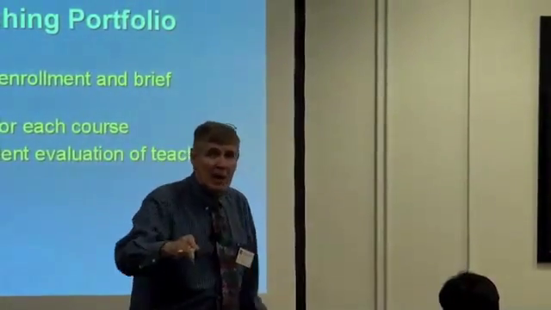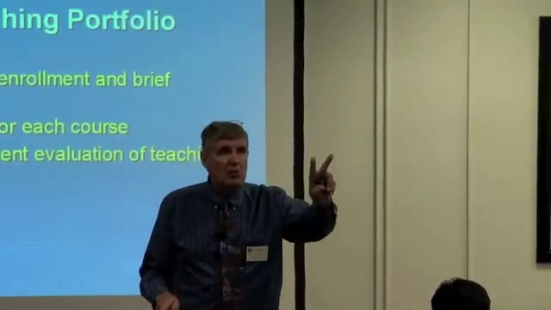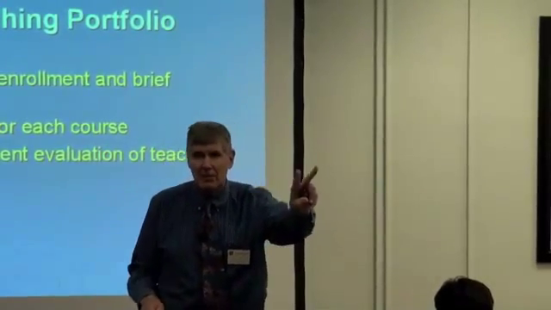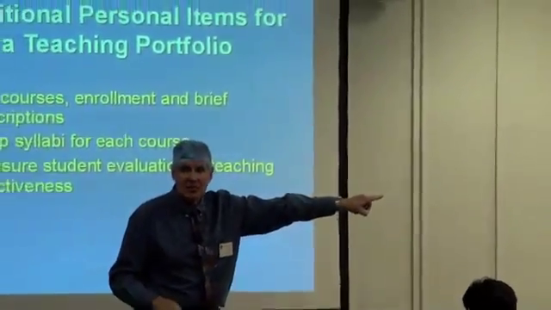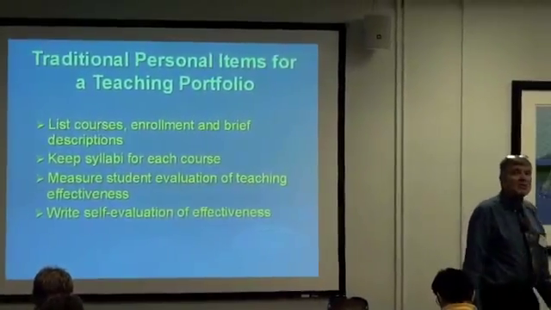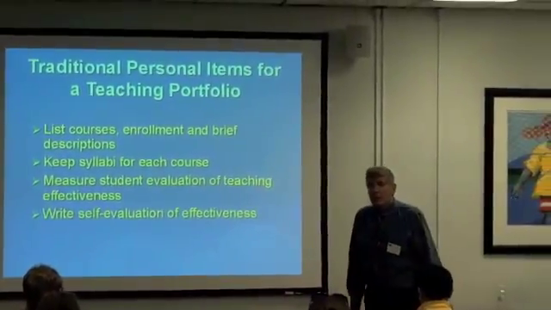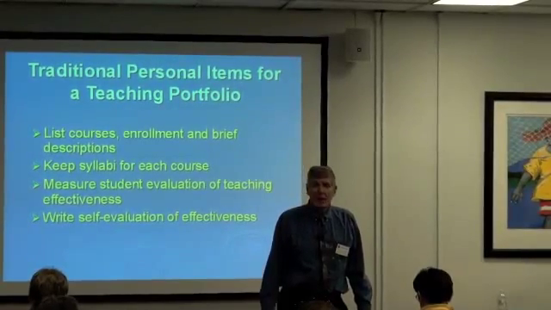It is your job to keep them as well. And I'm going to show you in a minute, you're going to have 2 ways of documenting this. This is primary source documents. This is your evidence. You have to have your evidence. The next thing you will do is write an evaluation of yourself. Every semester.